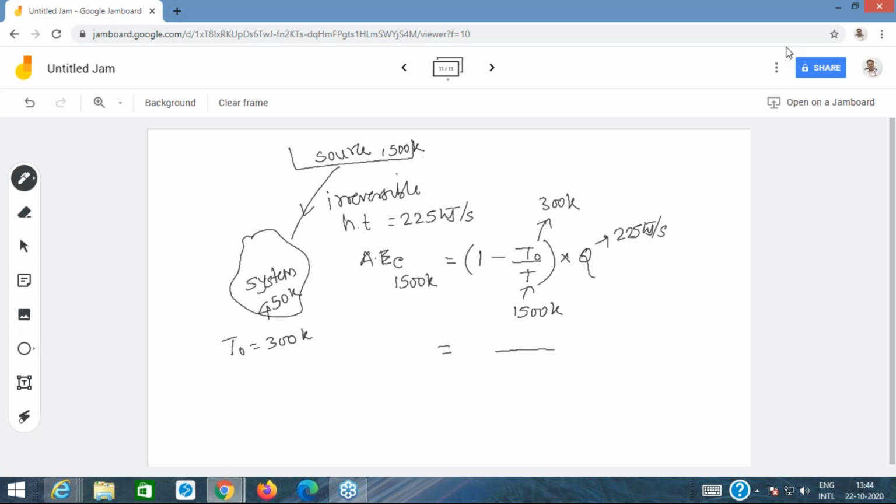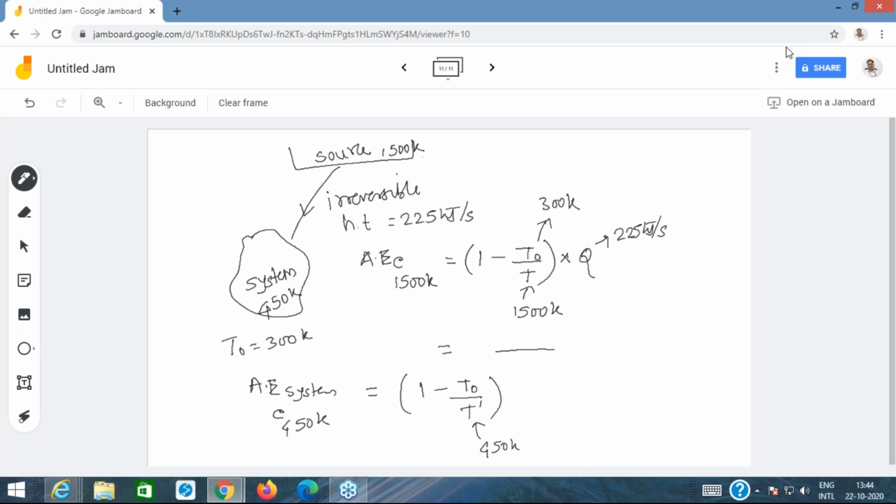Then, how do you calculate the available energy of the system? Available energy of the system, which is at 450 Kelvin. Again, we need to assume that this system supplies the heat to a Carnot engine, which operates between the dead state temperature 300 and the system temperature 450 Kelvin.